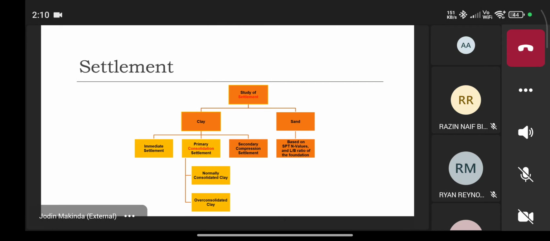All the yellow part we already covered. We also talked a little bit about normally consolidated clay and over consolidated clay. These are the parts that we covered in part 1 and part 2 of consolidation and settlement.